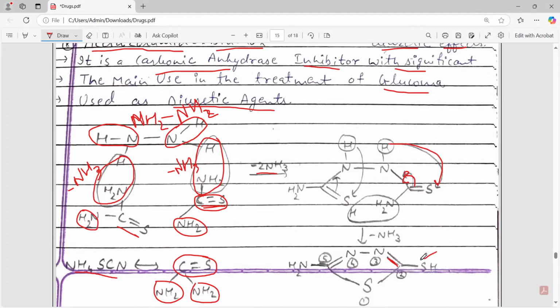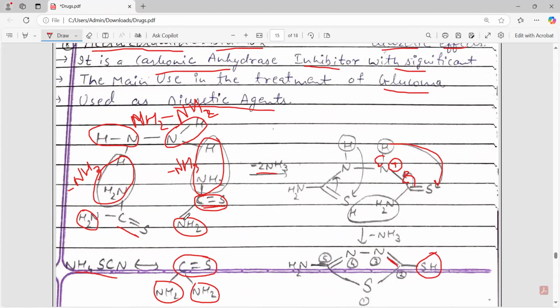So we will have an SH group like this. Because we are shifting the electron here, it has a positive charge, so to neutralize, the sulfur gives its electrons and has a negative charge. It is directly attached to the hydrogen and forms SH.